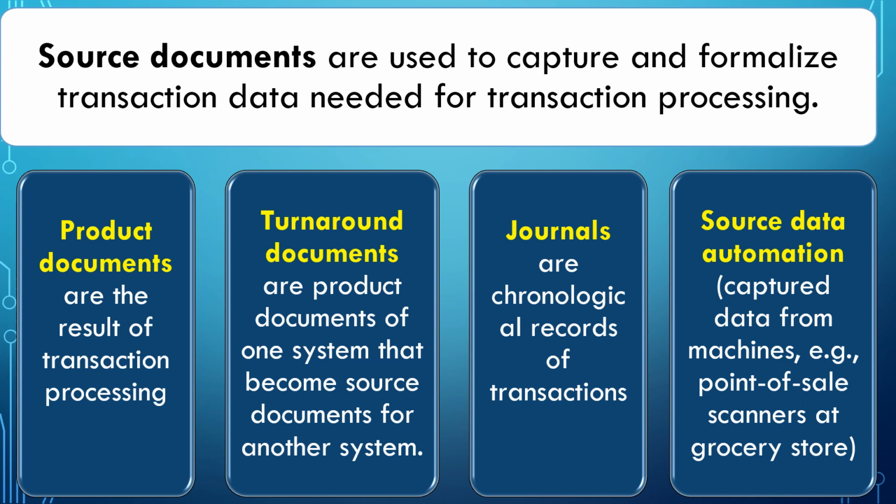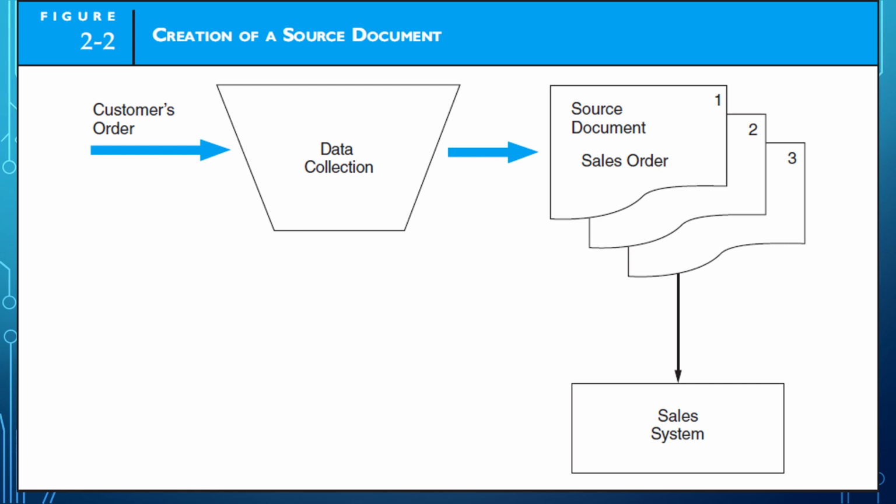So we expect, beside the manual source documents, the new type, source data automation, capturing data from machines, point of sale systems, and scanners, like in grocery stores.